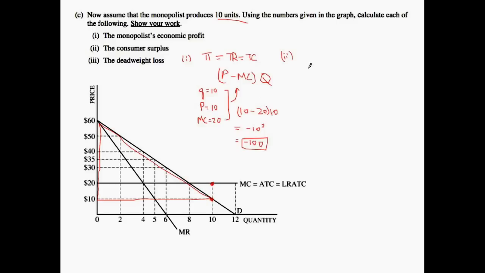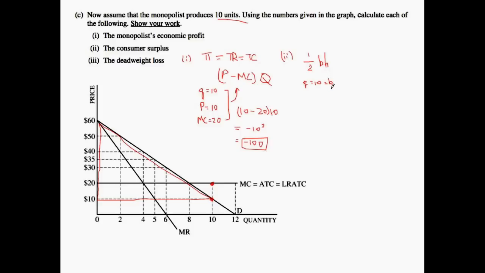And so we know that here we have 1/2 base times height, because that's the formula for a triangle. And then we know that there would be Q equals 10, and that's also going to be the same as my base.